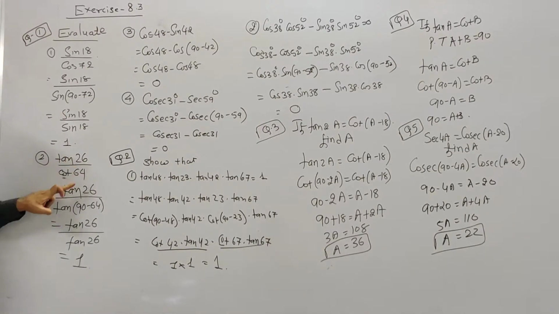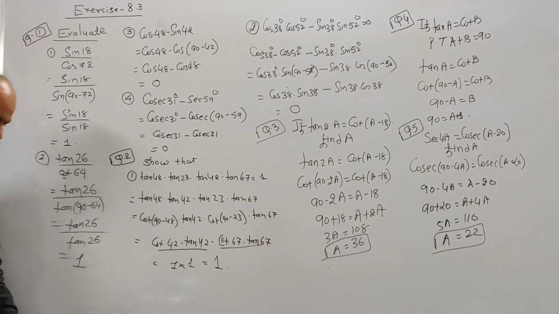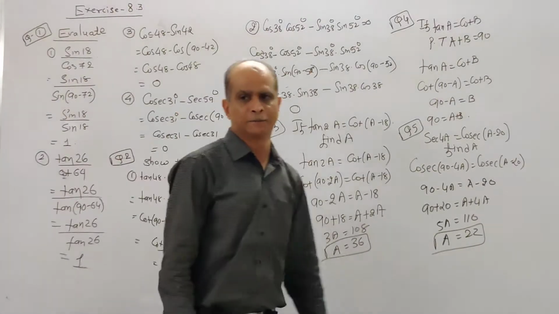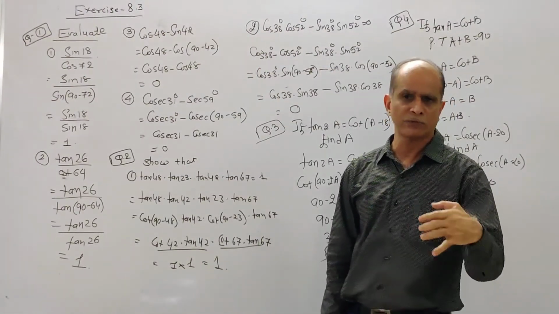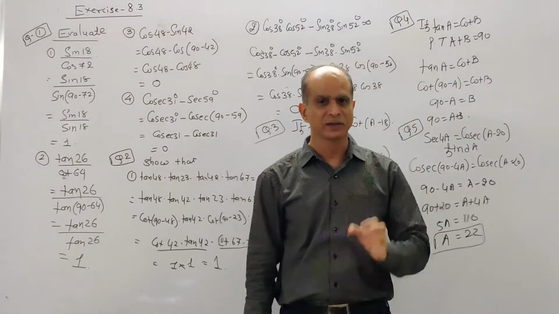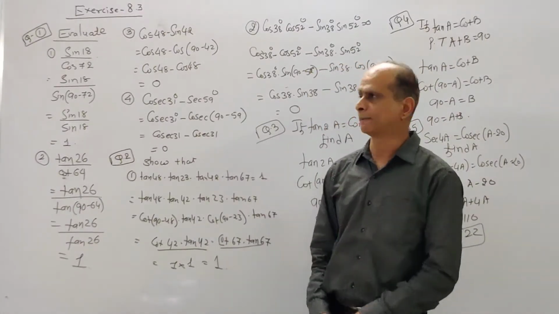So tan 26 upon cot 64 means tan 26 upon tan 90 minus 64. So tan 26 upon tan 26, again you get 1. So this is the procedure to evaluate the example. Either you can convert the numerator or the denominator by using formula number 10.